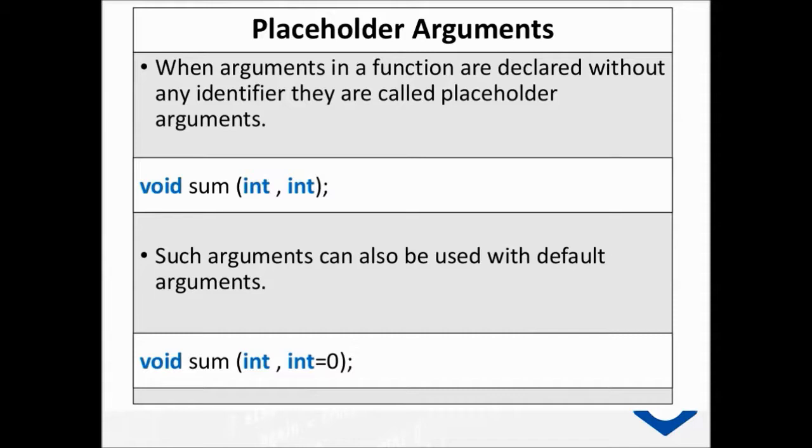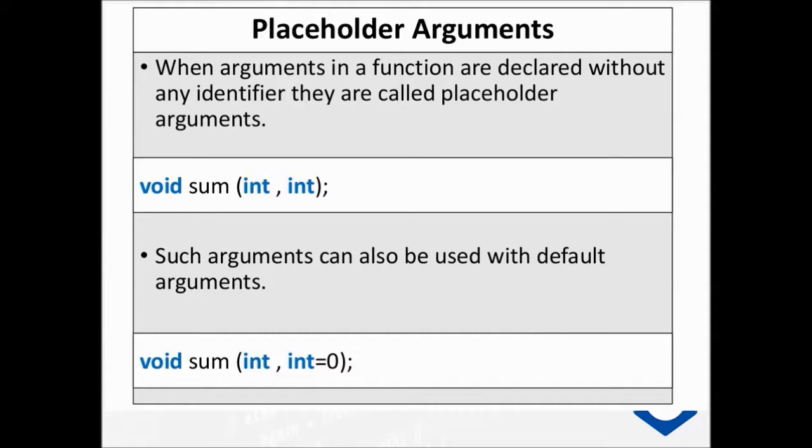In this declaration we clearly see that we only write int two times instead of writing int a or int b. Such arguments can also be used with default arguments. For example, we write void sum(int, int = a). We did not give any variable name to this data type int.